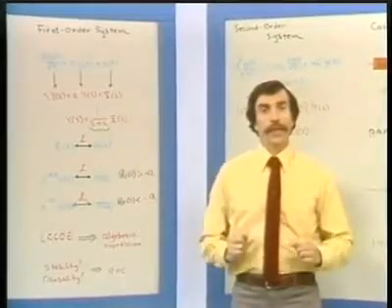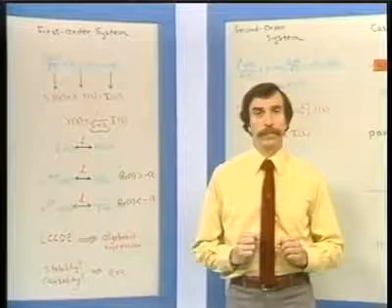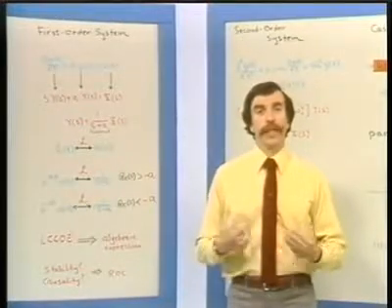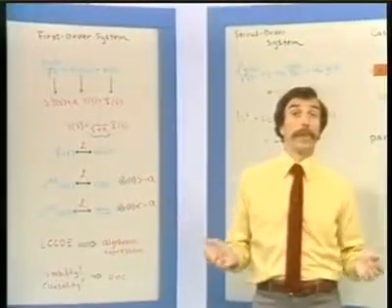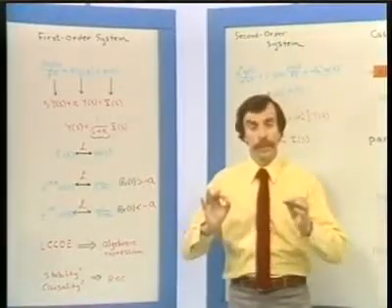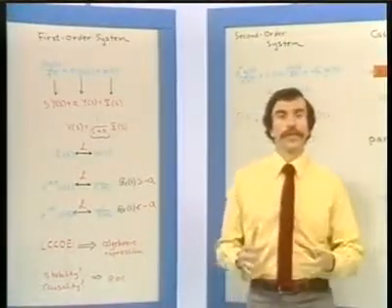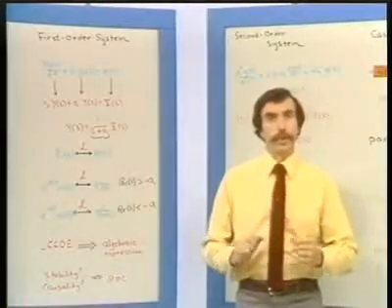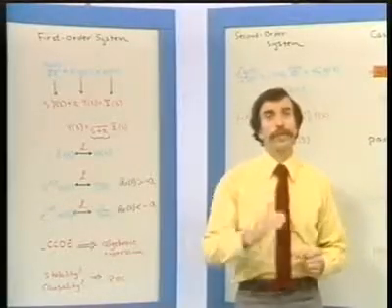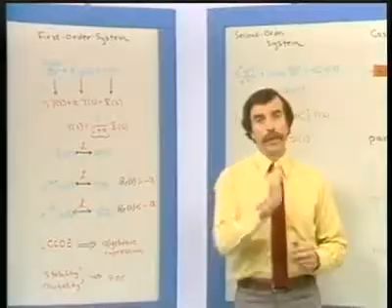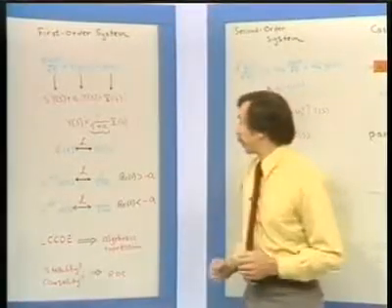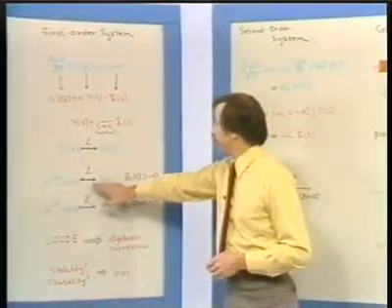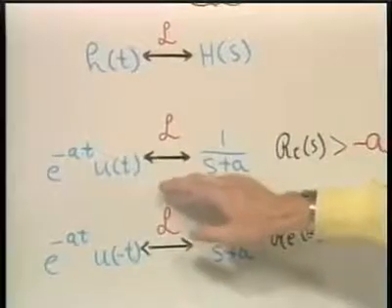And it's not the differential equation that will tell us that. It's something else that has to give us that information. What could it be? Well, what it might be is the additional information that the system is either stable or causal. So for example, if the system was causal, we would know that the region of convergence is to the right of the pole, and that would correspond then to this being the impulse response.